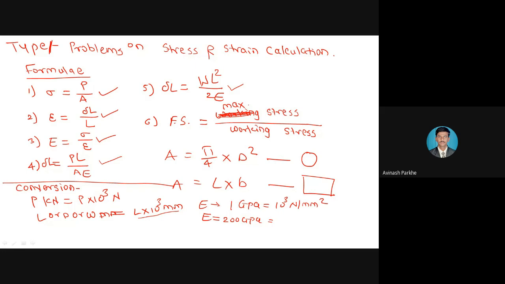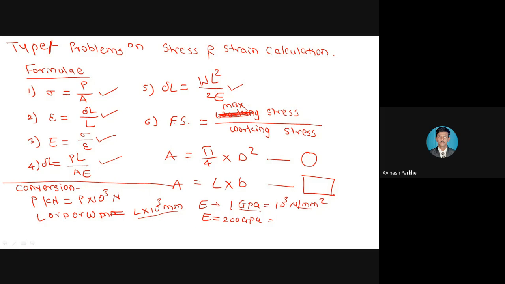We have to convert that E into Newton per mm square, because all the loads we have converted in Newton and all the dimensions in mm. So the Young's modulus also we have to convert in Newton per mm square. If given in gigapascal, 1 gigapascal is equal to 10 raised to 3 Newton per mm square, so we multiply by 10 raised to 3 and directly convert to Newton per mm square.